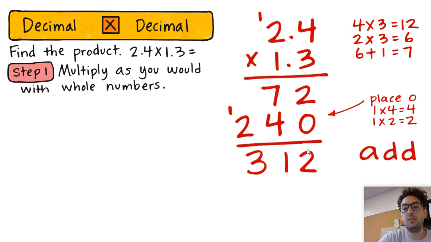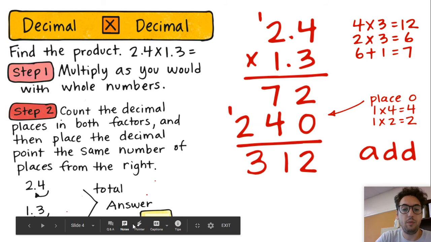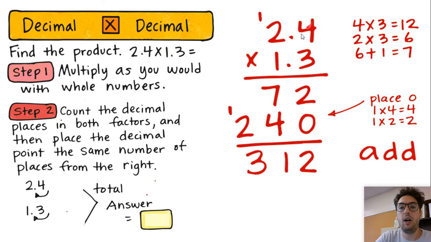So 0 plus 2 is 2. 7 plus 4 is 11. Carry the 1. 1 plus 2 is 3. And we end up with 312. But we still have to account for our decimals. So just like we did in the last question, we've got a decimal here with 1 place.